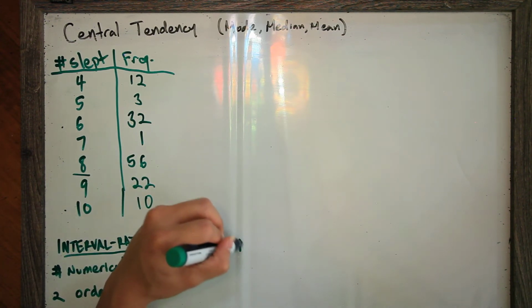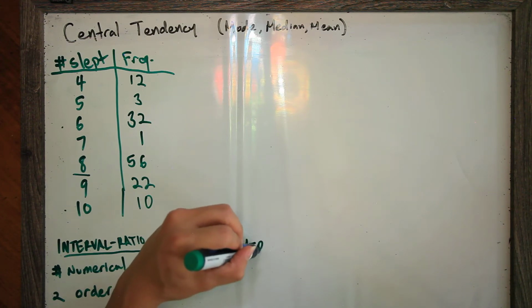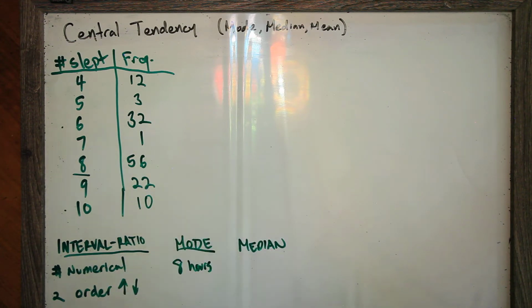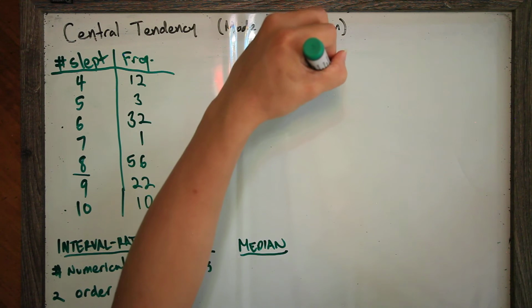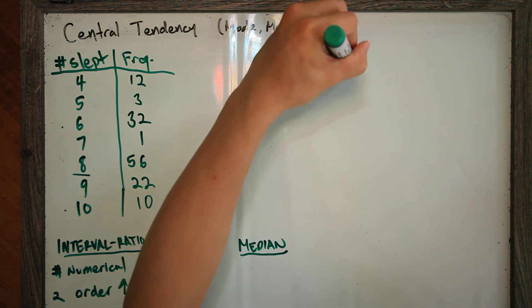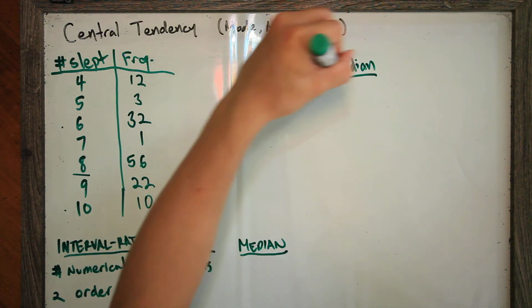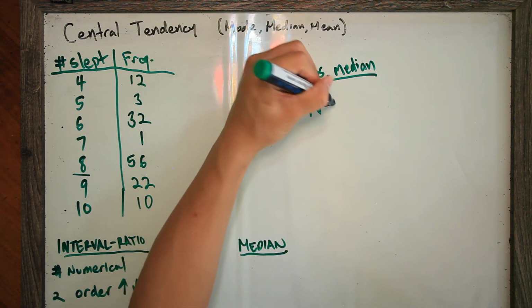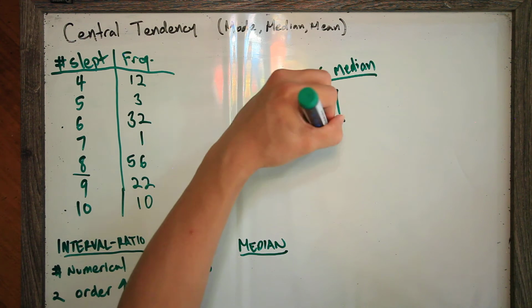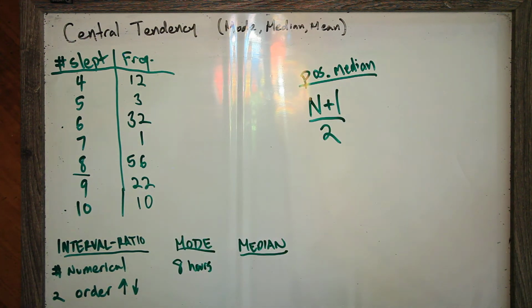To find the median, we can do what we did in the last example with the ordinal data and make our cumulative percent distribution, but there's another way we can do it. Remember, we had that formula from before. To find the position of the median, you do n plus 1 divided by 2. So we need to find our n.